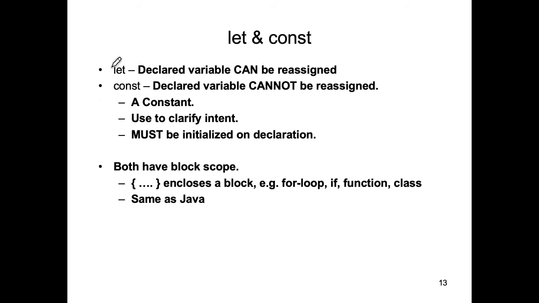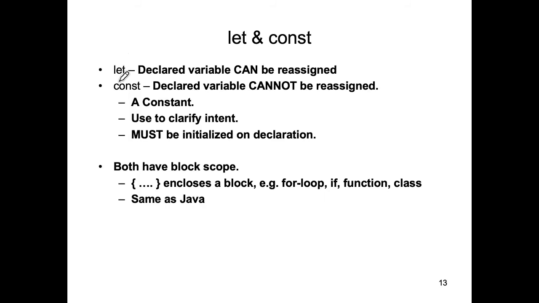The idea behind having two different ways of declaring a variable was more to give an indicator of the programmer's intent. So when you're reading somebody else's code and you see a variable declared with let, then that should tell you as the reader that this variable could be reassigned a different value later on in the execution.